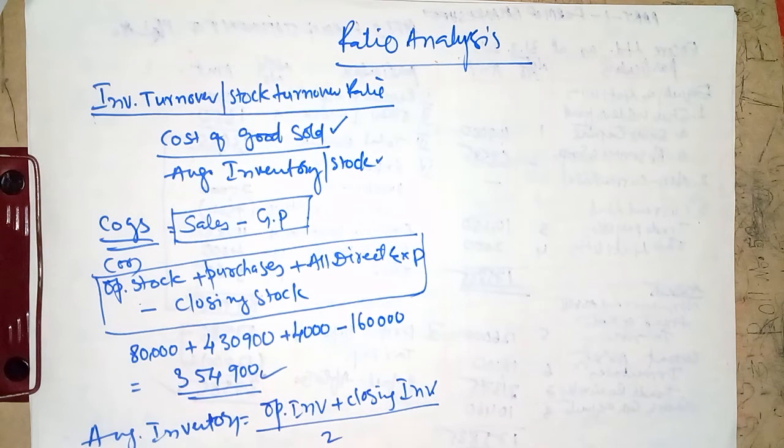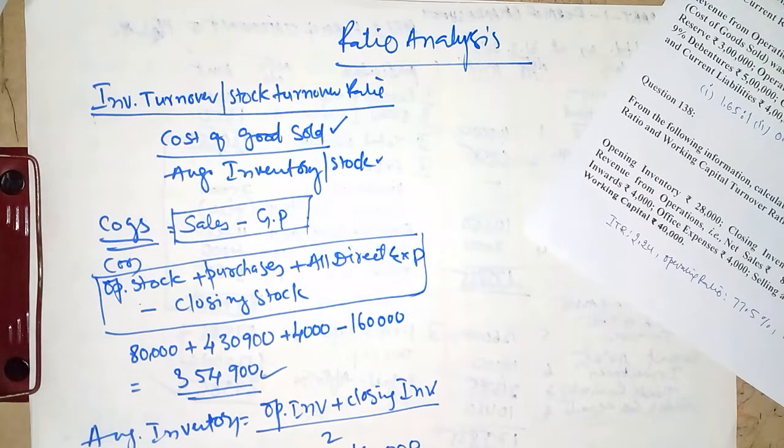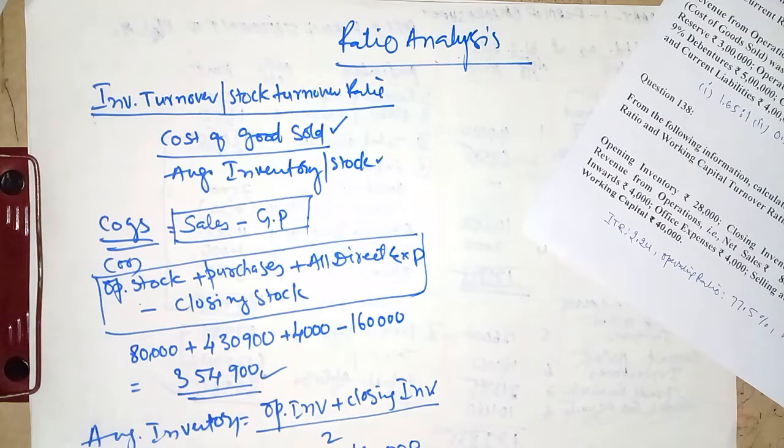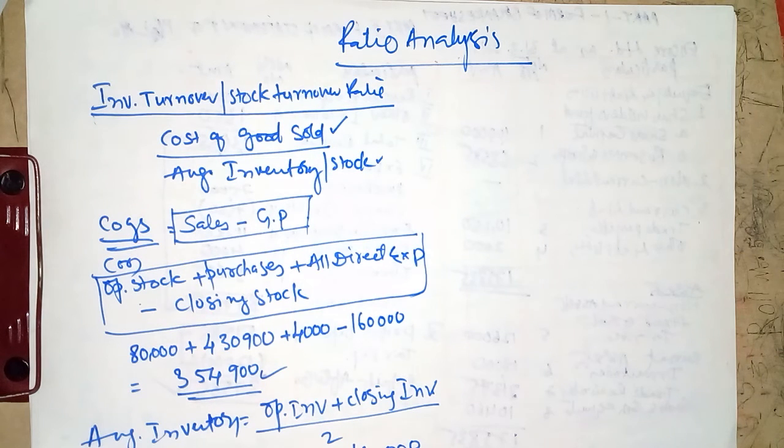So opening inventory is 80,000 plus closing inventory of 1,60,000, divided by 2. Therefore 80 plus 160 divided by 2. How much will it be? 2,40,000 divided by 2 is equal to 1,20,000, right?